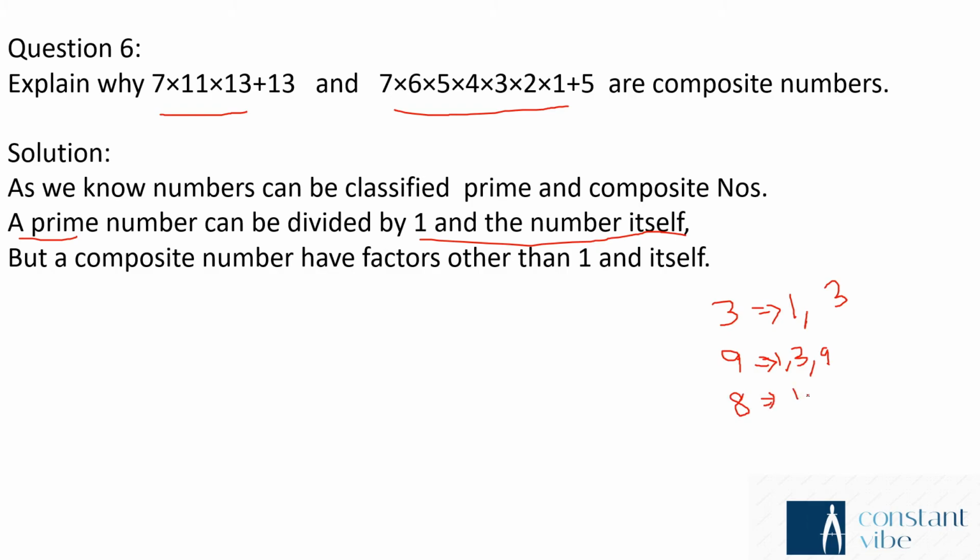See, this can be divisible by 1, 2, 4, 8. So a prime number is a number which can be divisible only by the number itself and 1 only, but a composite number has factors other than 1 and itself, that we explain here.